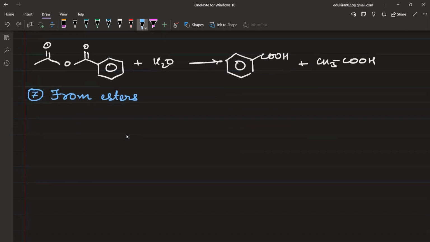Now, look at the reactions of esters. Ester have a general formula of R, C double bond O, OR dash. Okay, so this R part is responsible for the same thing we are doing, hydrolysis in acidic medium, H3O plus.